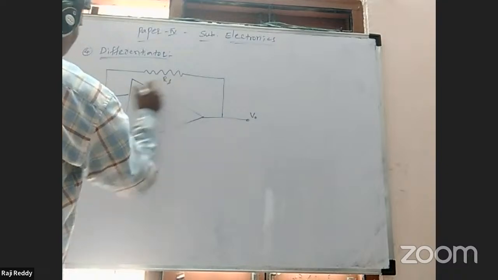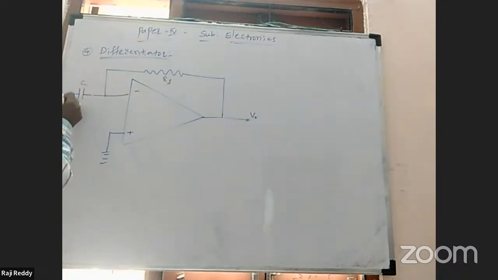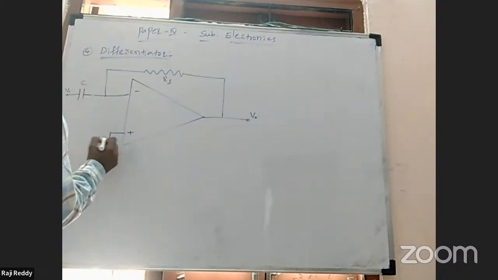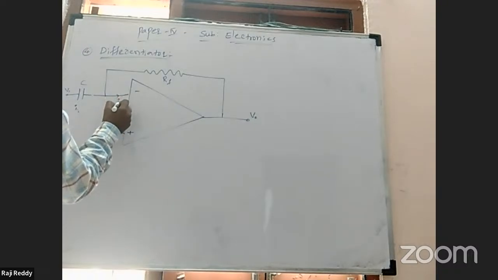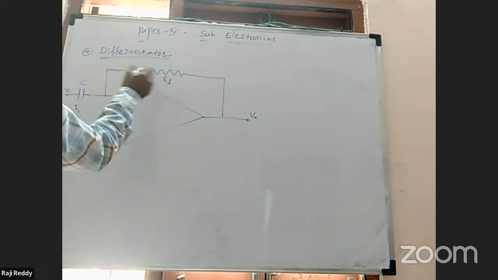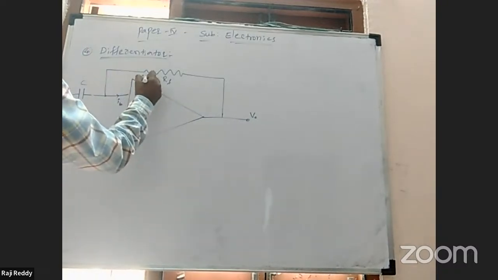This is a feedback resistance, which is a capacitor. Here the input terminal V1, this you can say V2, this point is S. Input current you can say I in, this is a current IB. Current across the feedback resistor is IF.